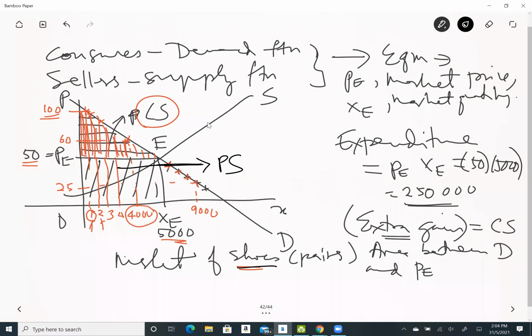All right. Now, the price the firm is willing to sell, that is the price on the supply function.